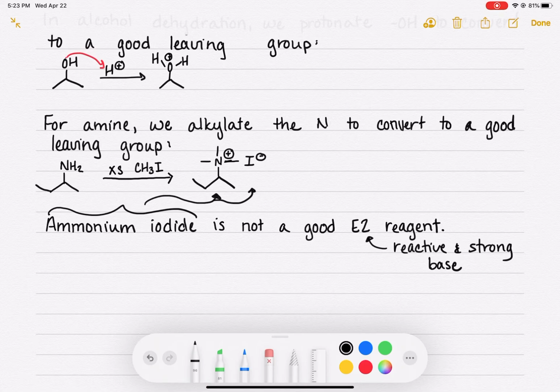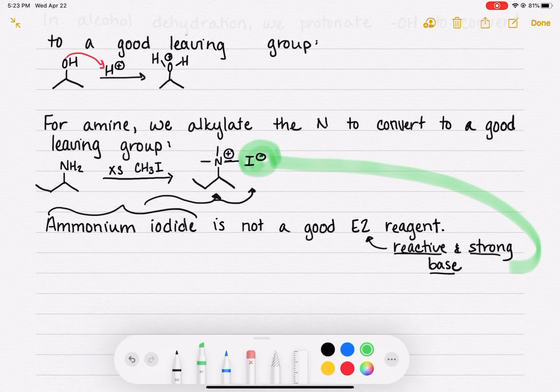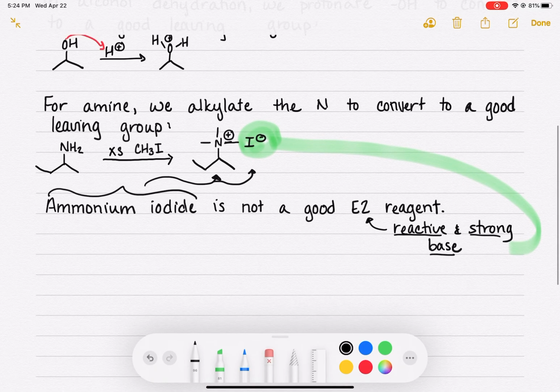So we need a base that is reactive and strong. And this guy, iodide, does not meet the criteria for that. The iodide is stable, and it's not even a base. So it's not going to do the E2 reaction unless we mess with it a little bit.